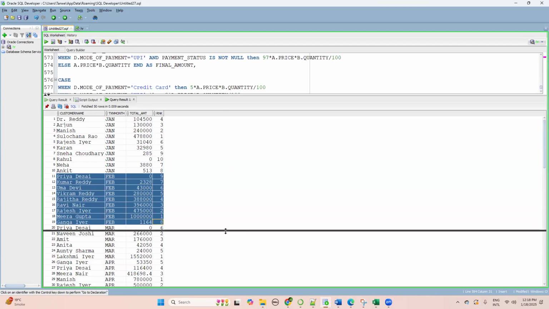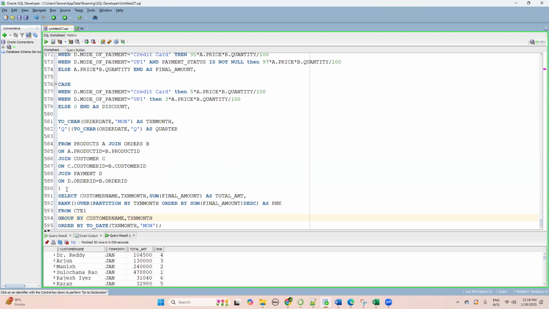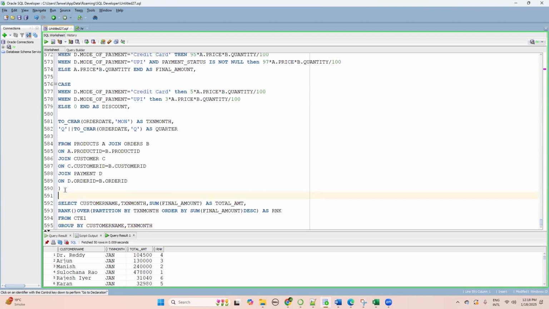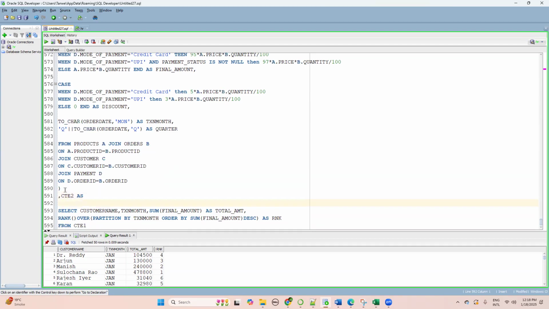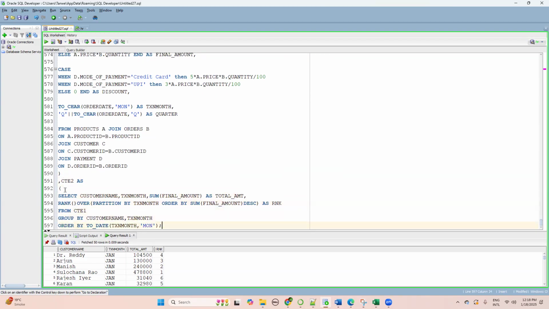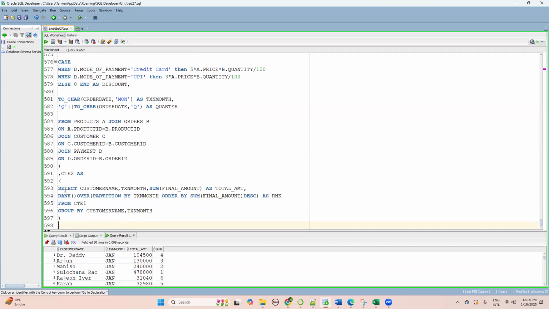Now you want to filter out the maximum one, then what you will do? You keep this in another CTE, let's say CTE2 as. Then right here, select the star from CTE2. Or maybe you want customer name and transaction month only, no? Then don't use the star.